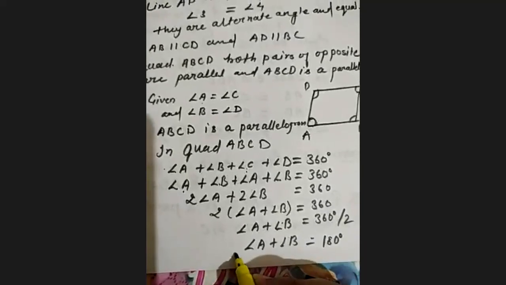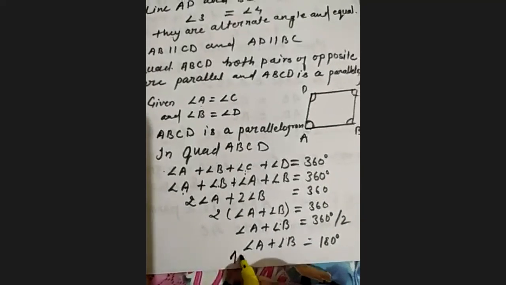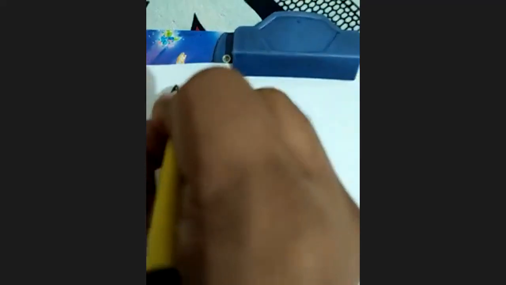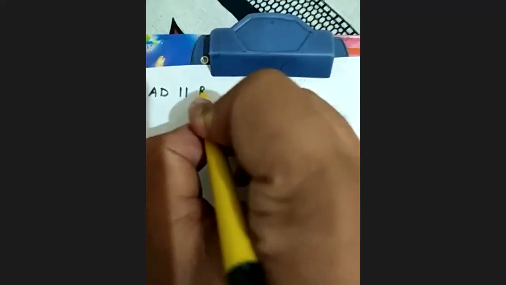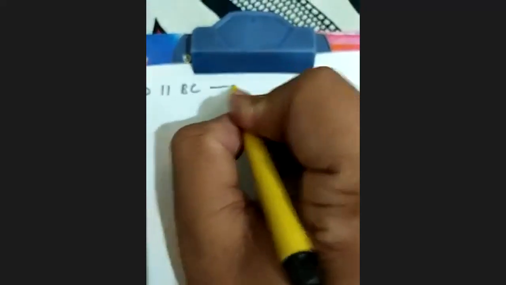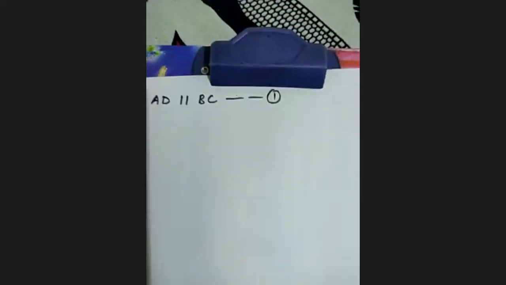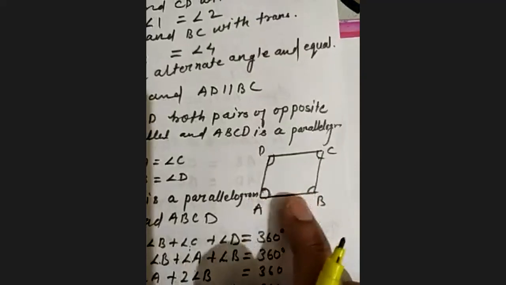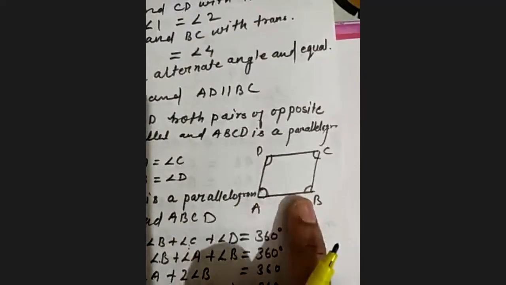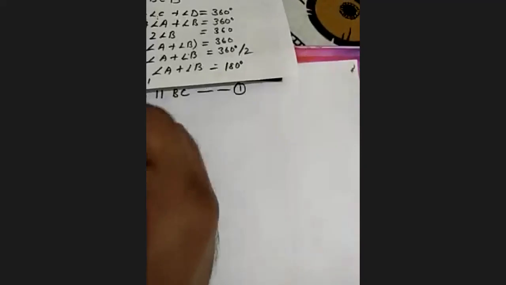So here you write AD is parallel to BC. ठीक है, इसको दे देना इक्वेशन 1. ठीक है, कंडीशन बिकॉज when it is 180, the sum of both angles, then both are parallel. अगर ये दोनों parallel होंगे तभी.